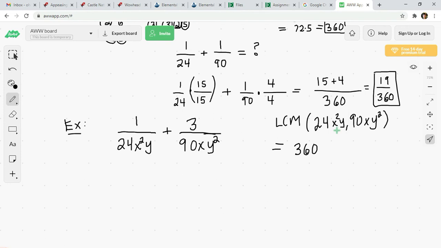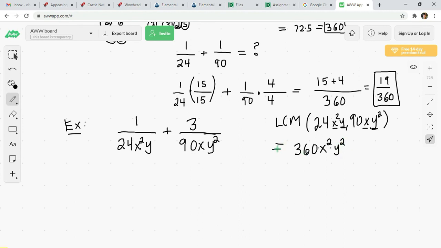We always take the highest power of what appears. So we have x squared and x. So we take the highest power. We get x squared. Similarly, we've got y and y squared. But again, we always just take the highest power. And this guarantees that the LCM is actually a multiple of y squared this way. So yeah, this is the LCM.